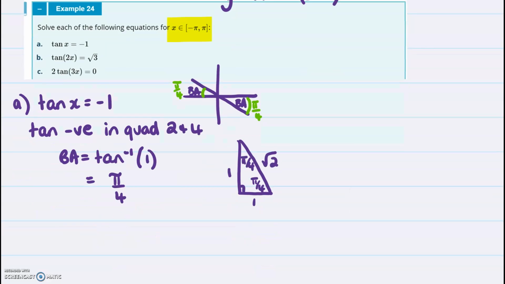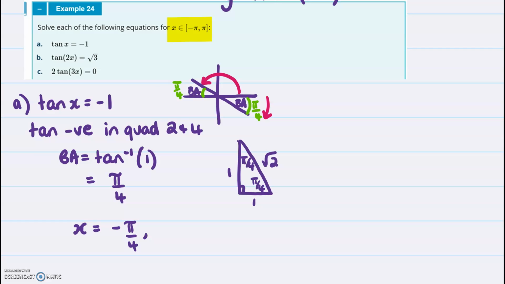When I write my answer though for x, I need to give it as an angle between negative pi and pi. So if I go in the negative direction, that is this direction around in that direction. So x will be just your negative pi on 4. And the other angle that we've got is when we go around in the positive direction around to pi.